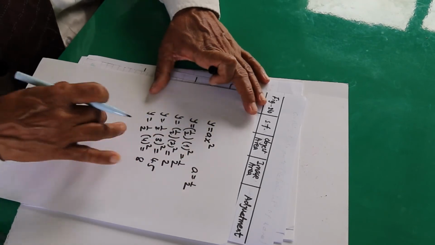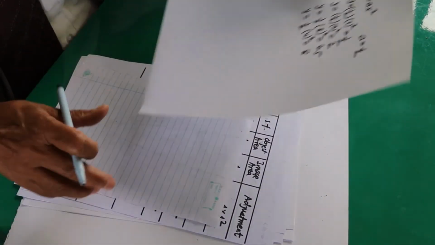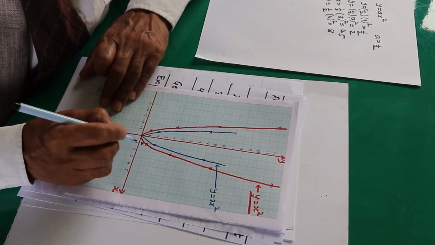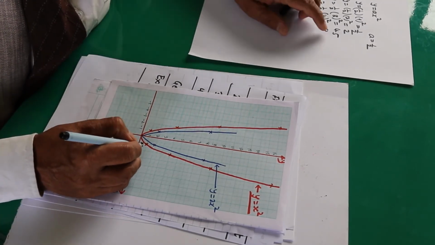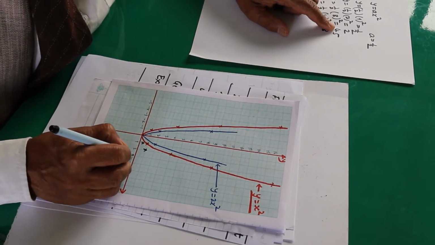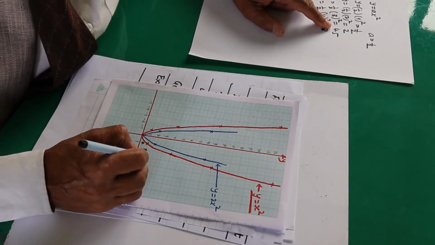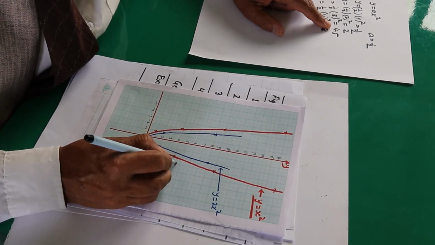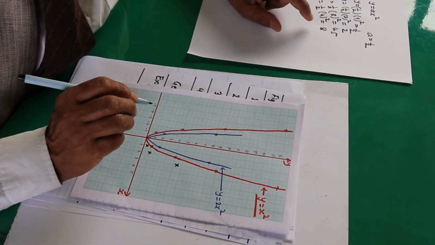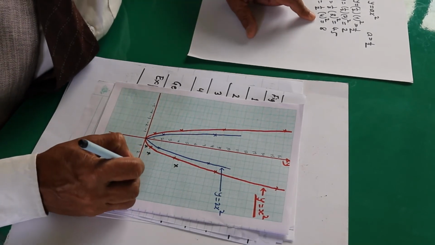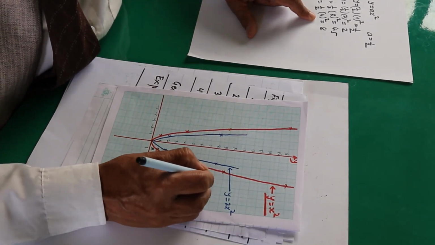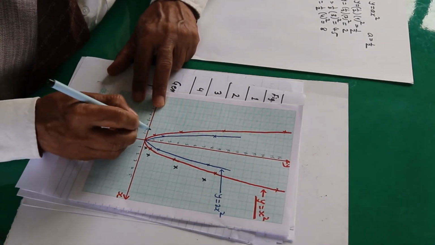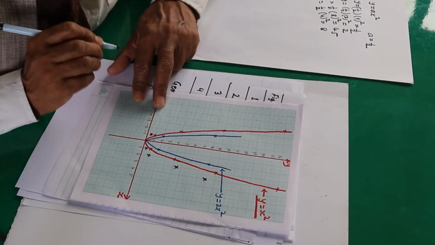So with these values, let's draw the graph again. When x is equal to 1, y is equal to 1 by 2. x is equal to 2, y is equal to 2. x is equal to 3, y is equal to 4.5. And x equals 4, y is 8. 8 is somewhere here. And it works exactly in the same way for negative scale factor also.